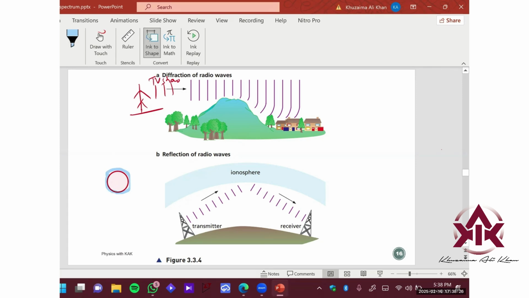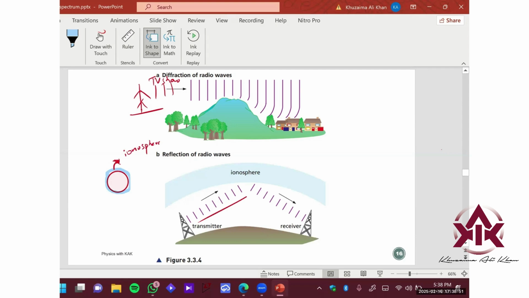This part is called the ionosphere. It reflects radiation from space and also reduces the intensity of sunlight so that it does not cause harmful effects on our skins. These sorts of waves can also be designed to be reflected from the ionosphere.